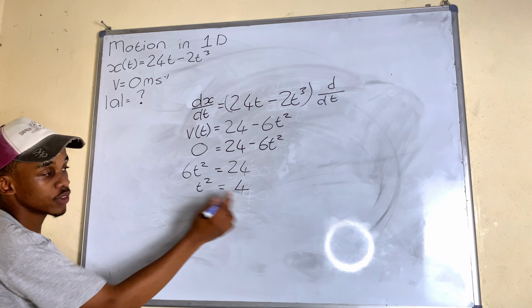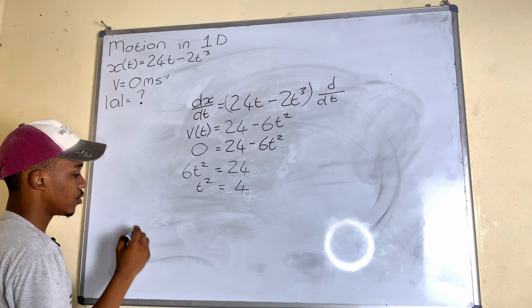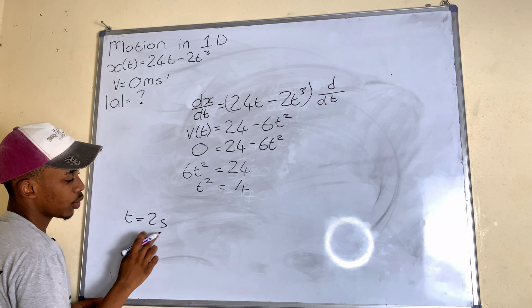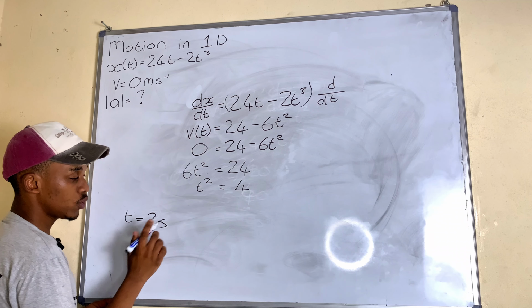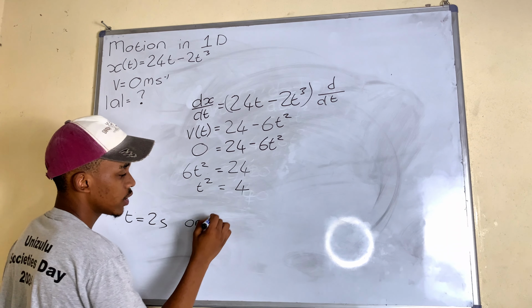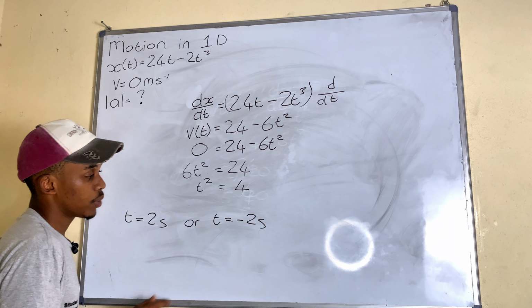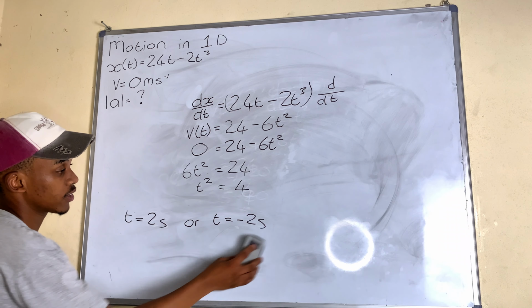If we square root both sides, we'll have t is equal to positive 2 seconds, or t is equal to negative 2 seconds. But we know that our time cannot be negative, so positive 2 must be the correct answer.